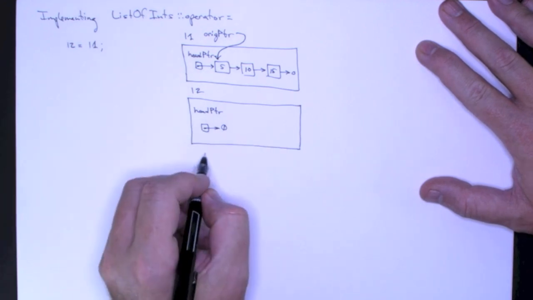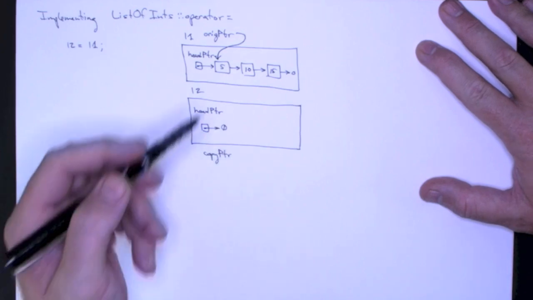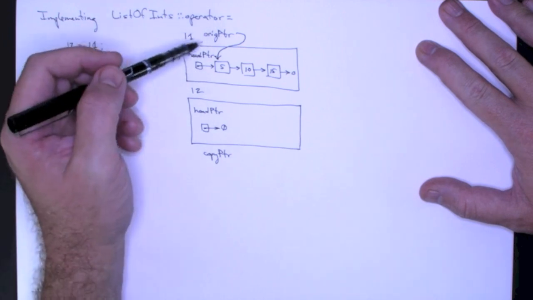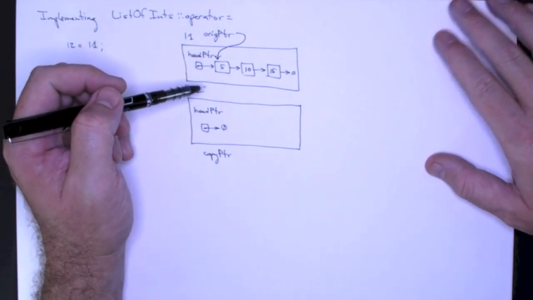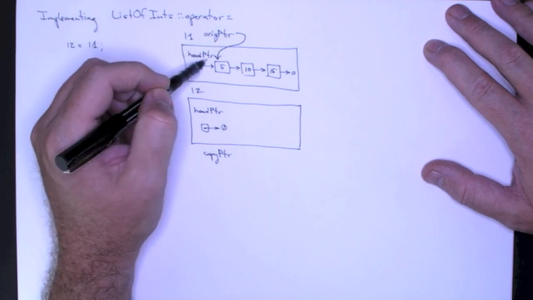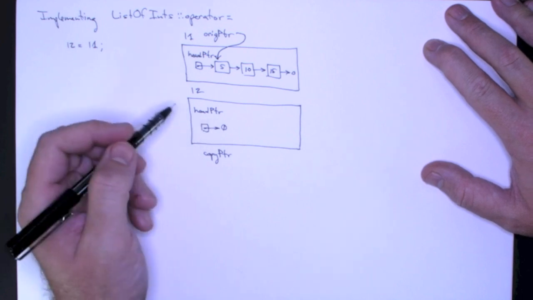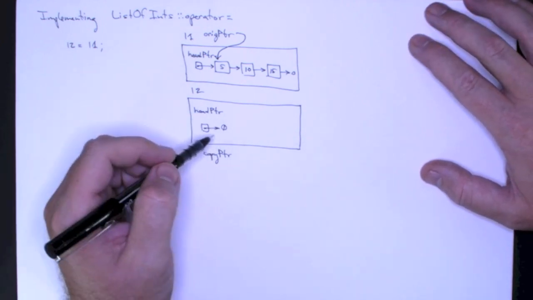I'm going to call that copy pointer, since we have to differentiate. We can't just use temp because it's not clear which object it refers to. Whereas here, the original pointer points to the thing that we're copying, and copy refers to the thing that we're copying into.